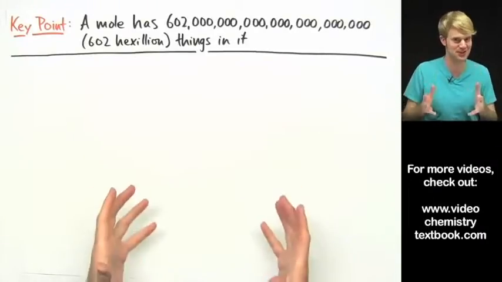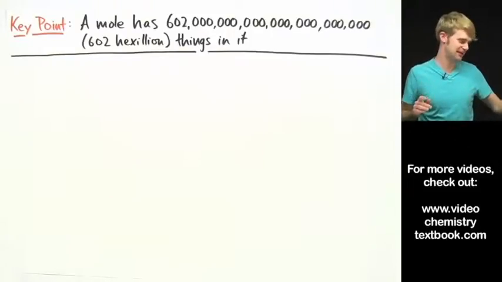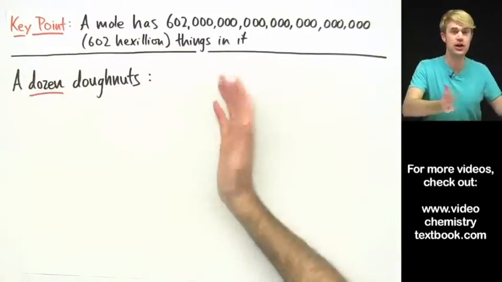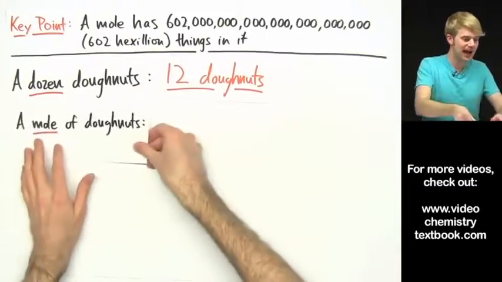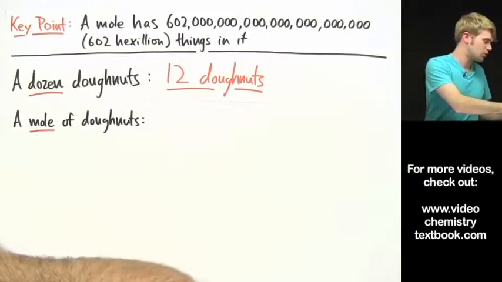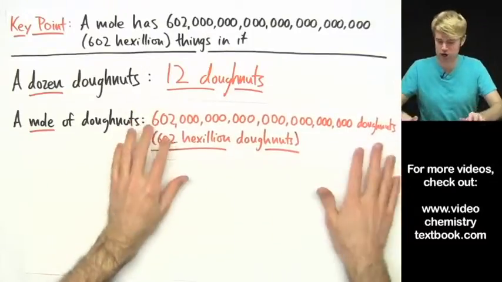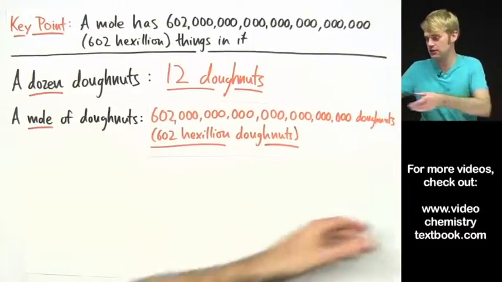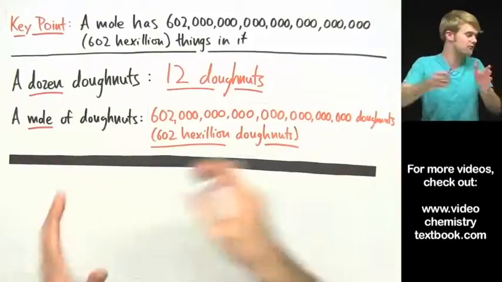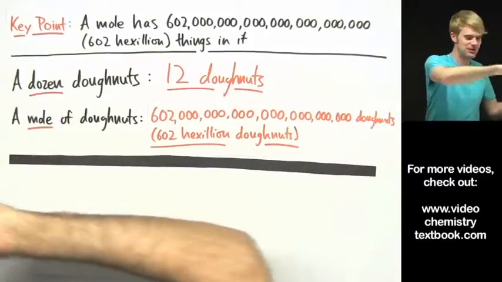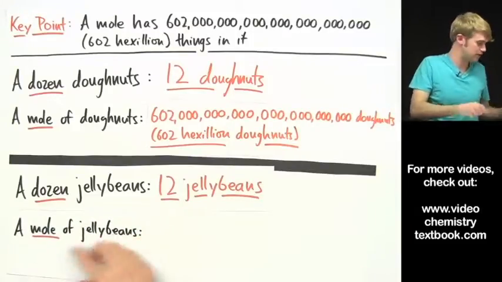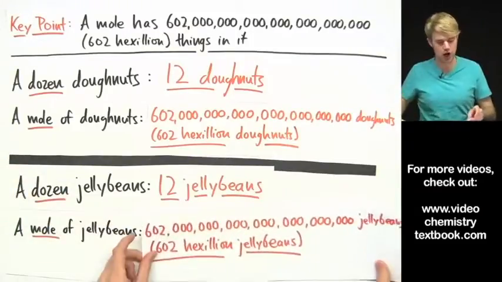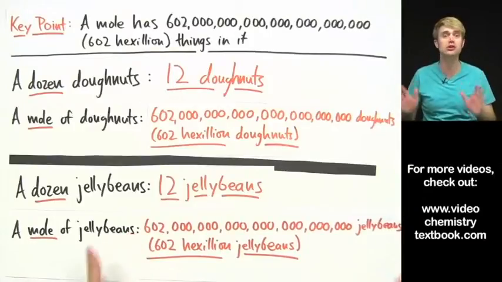And just like a dozen, we can have a mole of anything, right? So we could have a dozen donuts, which would be 12 donuts. Or we could have a mole of donuts, which would be 602 hexillion donuts. Or hey, we could have jelly beans. A dozen jelly beans would be 12 jelly beans, and a mole of jelly beans would be 602 hexillion jelly beans.